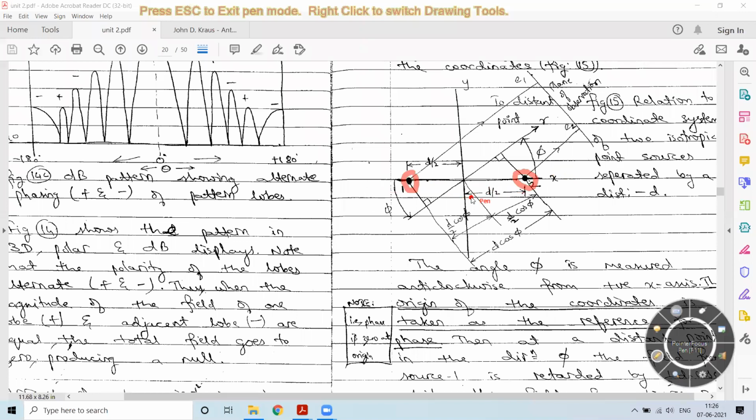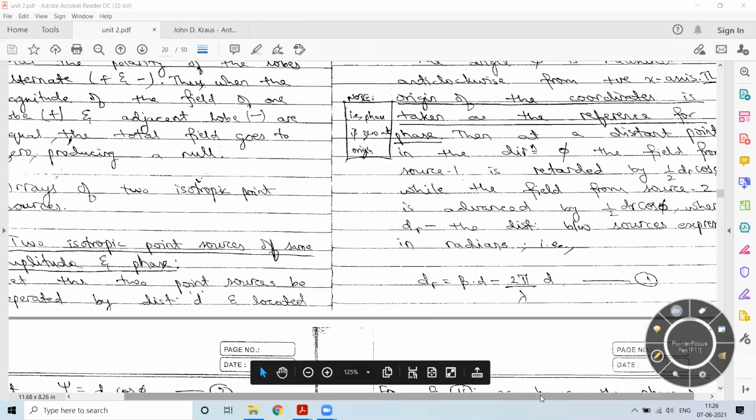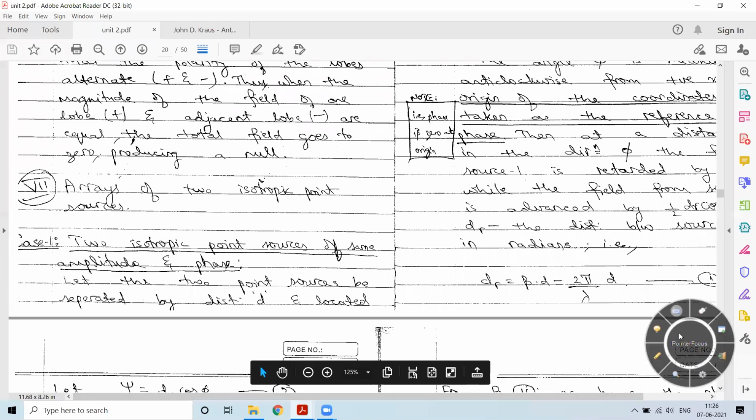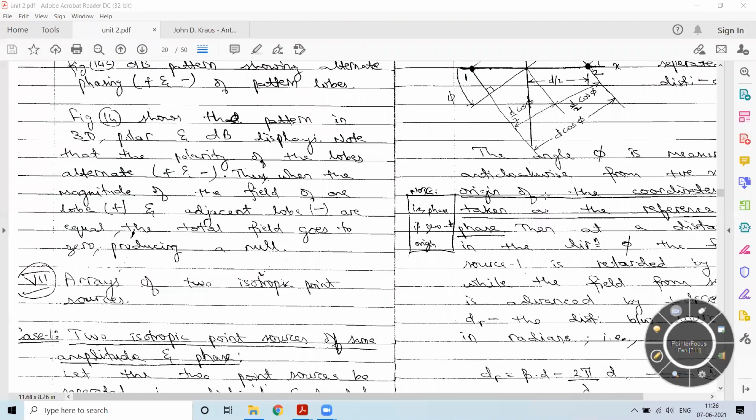Now, when I'm specifying that, I need to specify some conditions. So what is the first condition we'll be looking out for? We'll be looking at the first case in which we have two isotropic point sources which have the same amplitude and the same phase. So both are in phase with respect to each other.